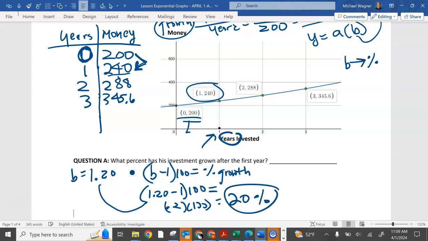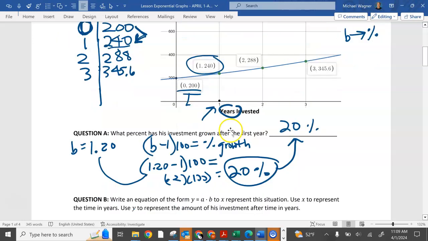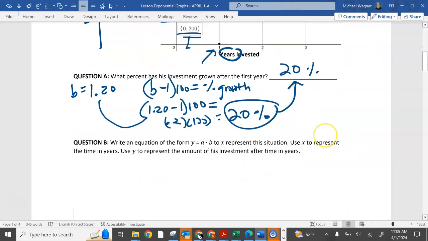So that's the answer for this one, okay? 20%. Okay? Now, the equation, now that we have that, we need to get y equals a, actually, it needs to be like this, actually. This needs to be here, hold on.